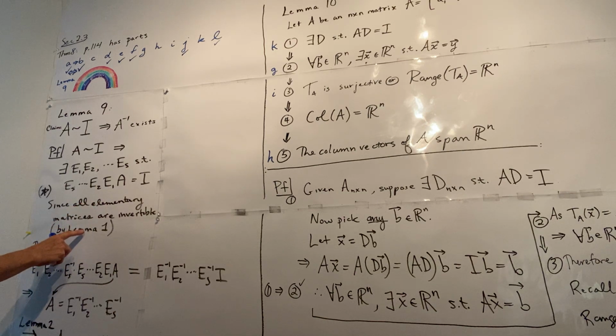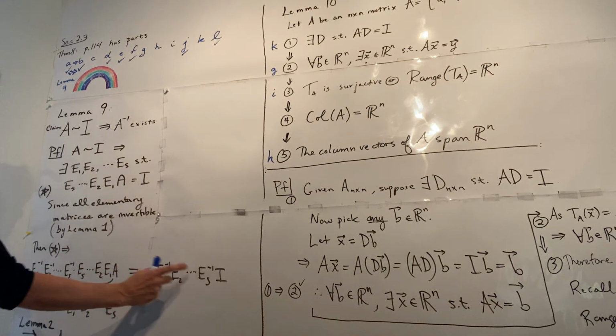But we had a lemma 1, that all elementary matrices are invertible. So that means I can take this star equation here, which looked like this, and multiply it on the left on both sides by Es inverse, E2 inverse, E1 inverse.